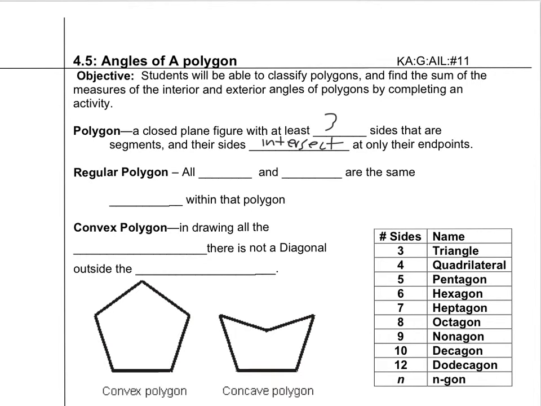A regular polygon is a polygon where all the sides and the angles have the same measure. So this one kind of looks like a regular polygon down here because they look like they're all the same size.